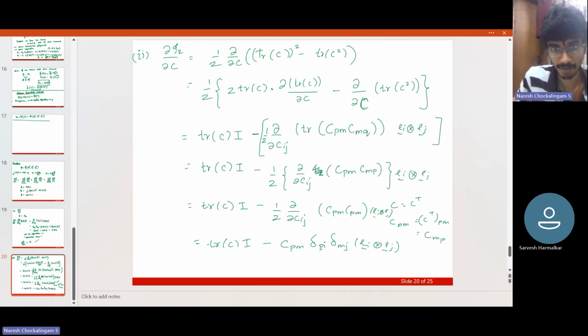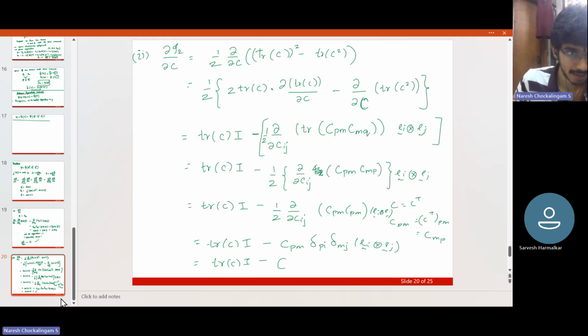So delta has the replacement property. In place of P replace I, in place of M replace J. So we get trace of C times I minus Cij Ei tensor Ej, but Cij Ei tensor Ej is just C. Okay, so this is the derivative of I2 with respect to C.